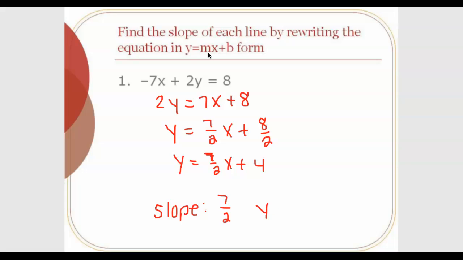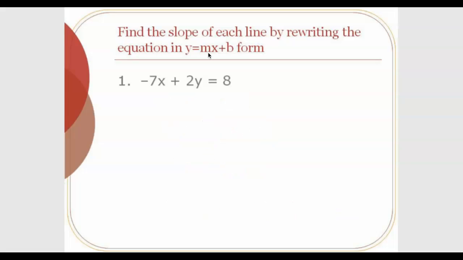And just to continue reiterating what we did yesterday, the y-intercept would be (0, 4). The y-intercept is the starting point of our graph in y equals mx plus b. The y-intercept is the b value, and it occurs when x is 0.